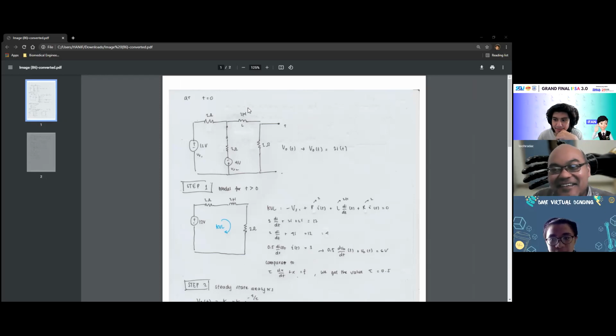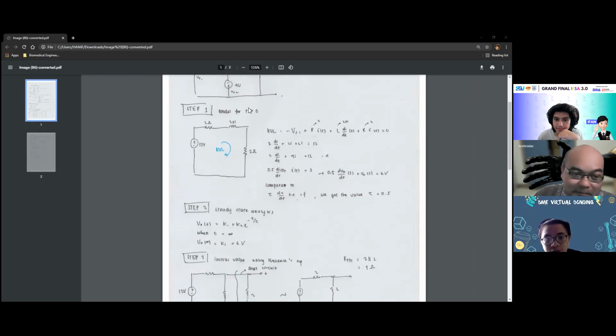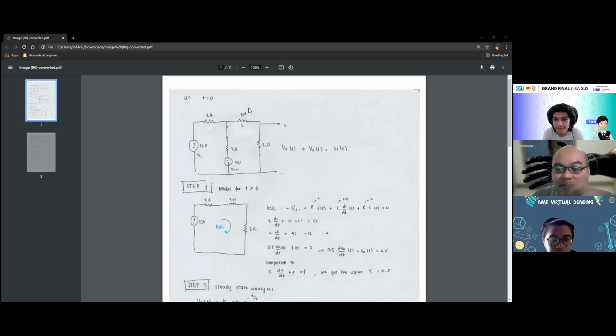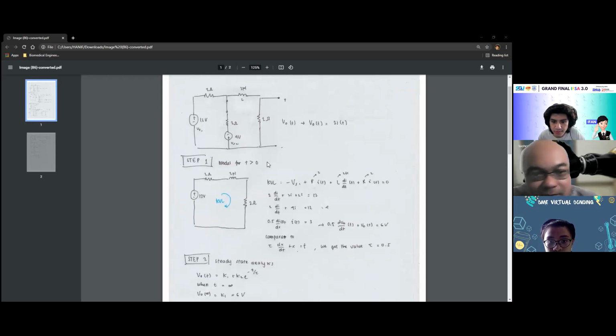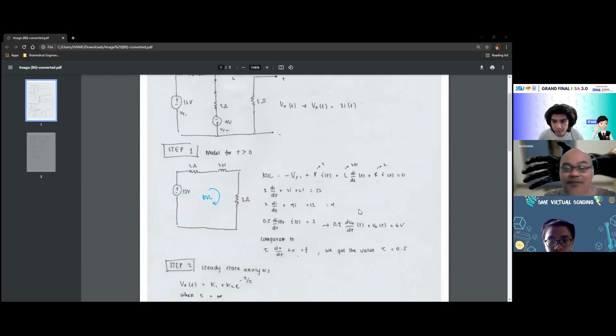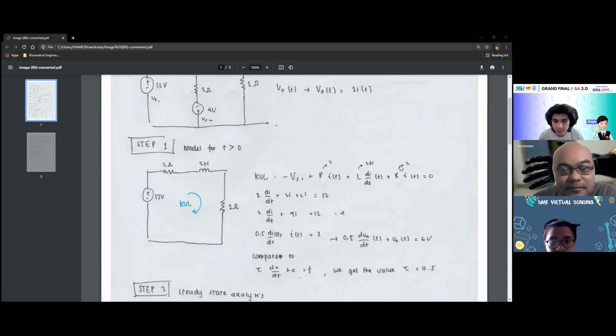Okay, I'll go first. So here, we are going to find the tau in the circuit. So we are going to use the KVL here. Please zoom in, because it's a bit too small. So we're going to use the KVL here, from minus 2 volt plus IR and so on until the 2 ohm resistor.